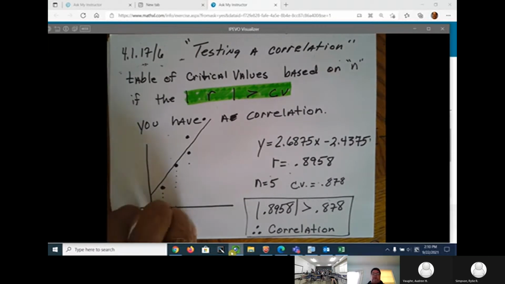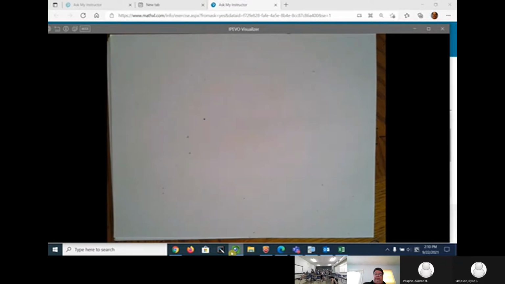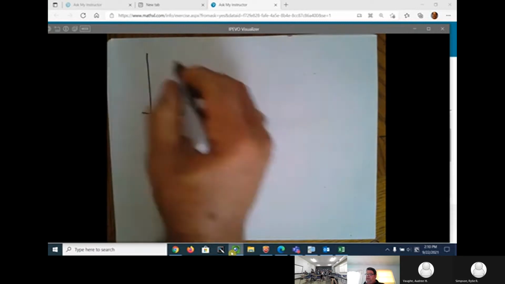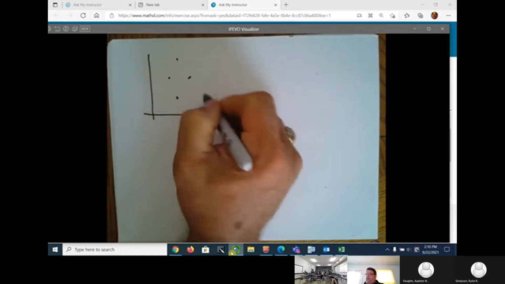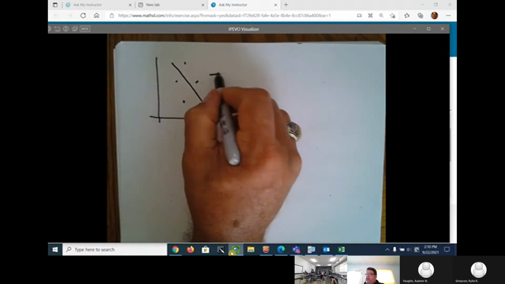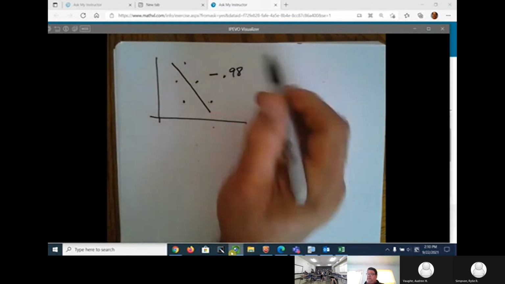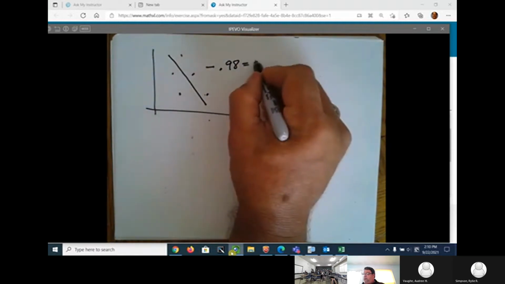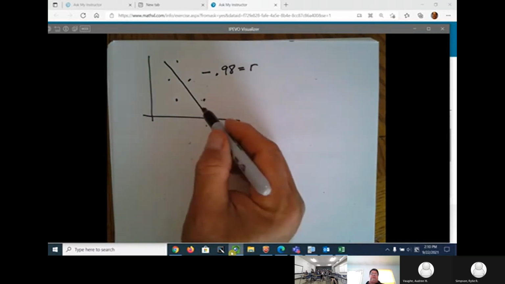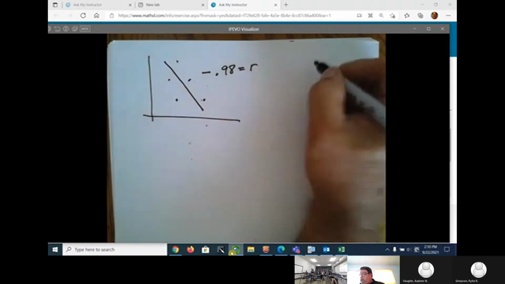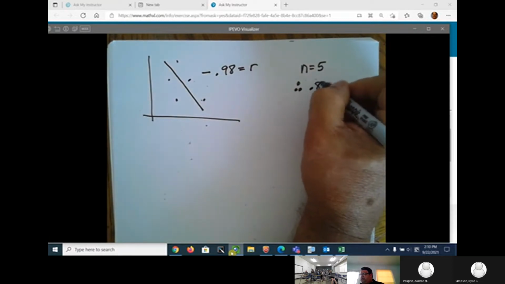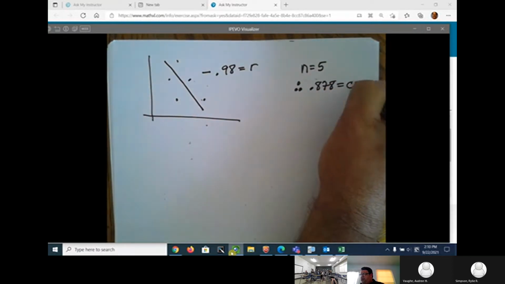All right. So now look at this. What if I have this question? What if I have n equal to 5, and I have correlation negative 0.98 equals R. All right, let's say you're doing a homework problem and this comes up. Well, n is equal to 5, therefore 0.878 is the critical value.